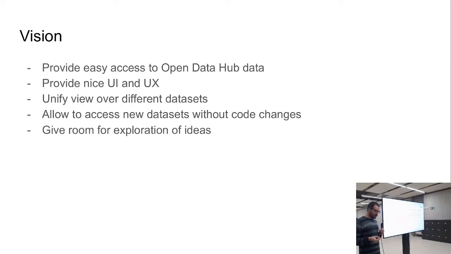The data browser should present new data sets without being modified, which simplifies that new data can be accessed by users. Otherwise, it could be that a new data set is released and nobody touches the data browser, and for half a year or a year, nobody recognizes that there's a new data set.